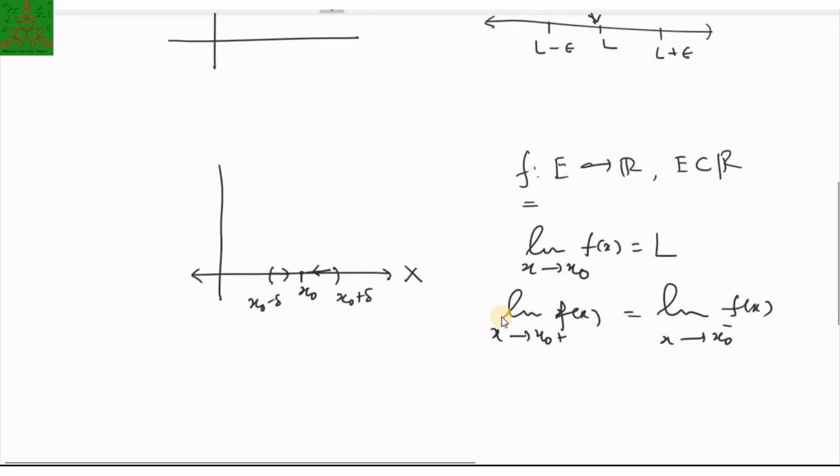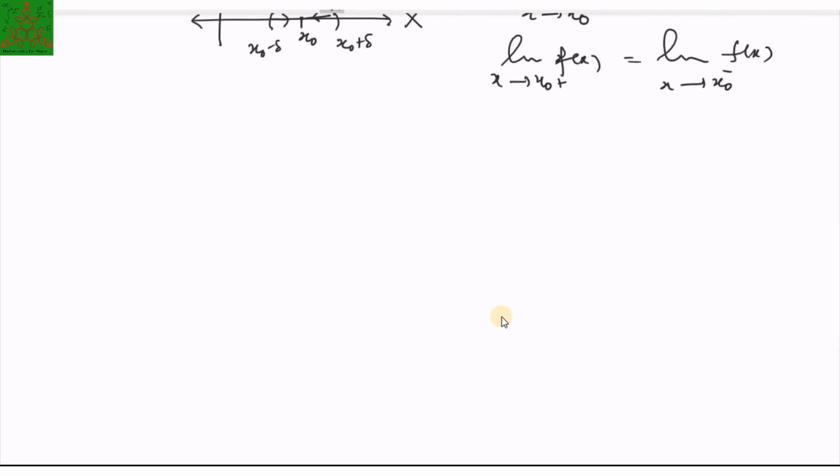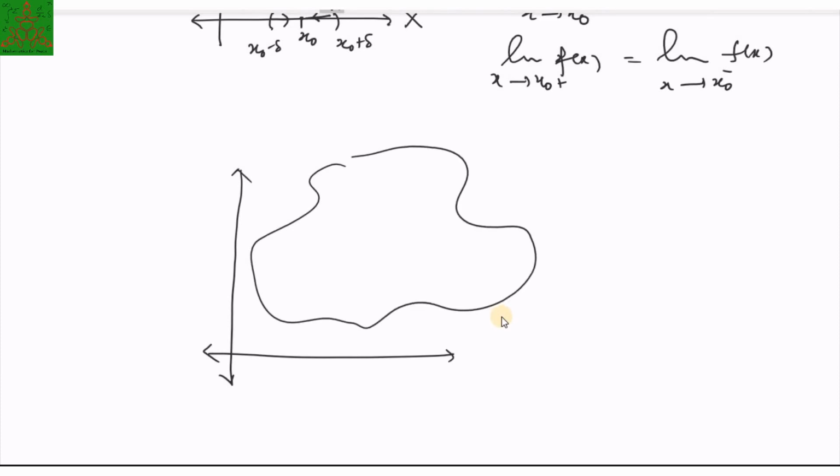But in the case of two or more variables, the domain is two-dimensional, so let us consider this as the domain of that function. This is your D, and there is a point (a,b) inside the domain, and consider this a neighborhood of this point. In the one variable case, the neighborhood is x0 minus delta to x0 plus delta, and there are only two paths by which you approach x0.